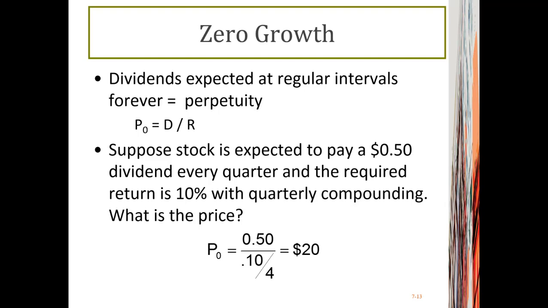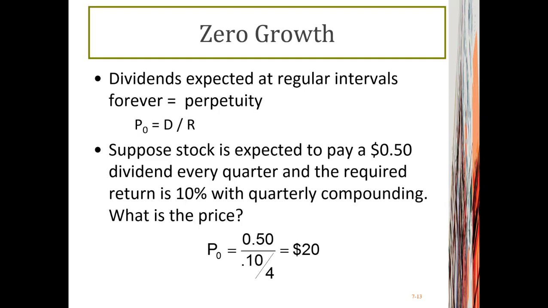Right, now let's use an example to demonstrate how we can calculate a typical preferred stock price. Let's say a stock is expected to pay 50 cents dividend every quarter, and the required return is 10% with quarterly compounding. Then what would be the stock price? And here, the quarterly dividend is 50 cents.